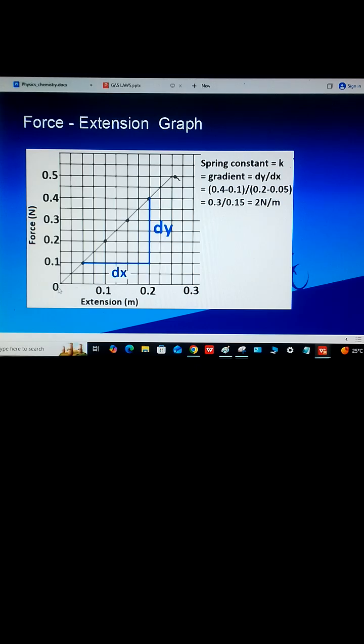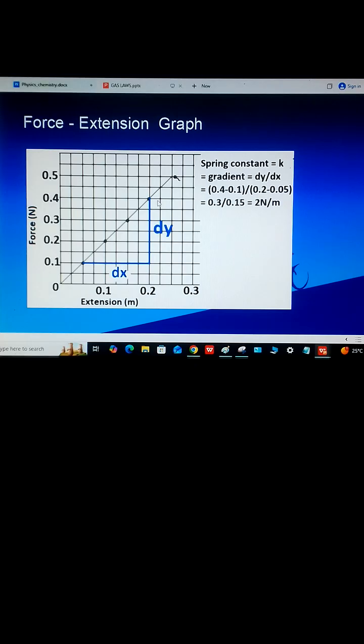So when we plot this graph, we get this line graph, right, which is a straight line up to the elastic limit. All right. Beyond that, we find that this graph does not conform to Hooke's law because it is beyond the elastic limit here.